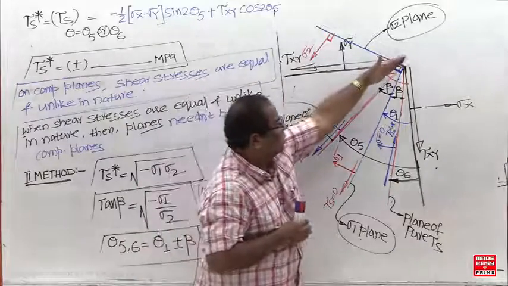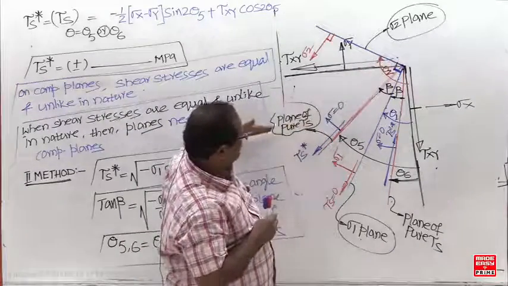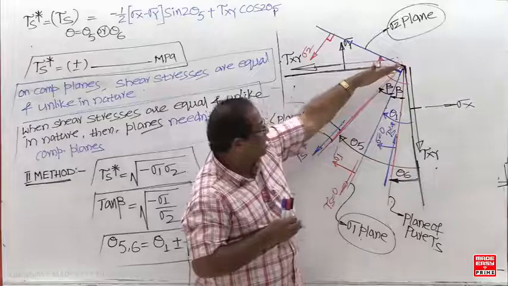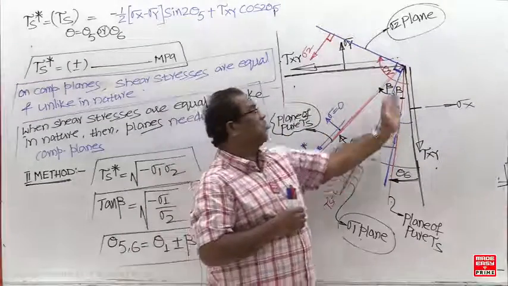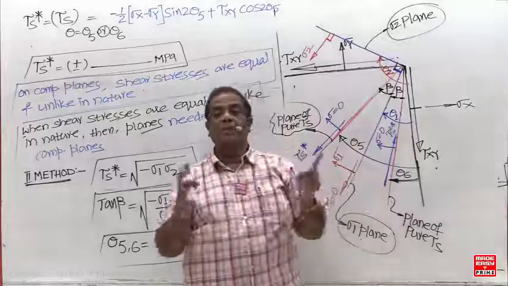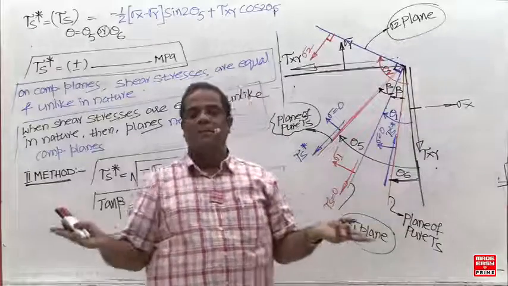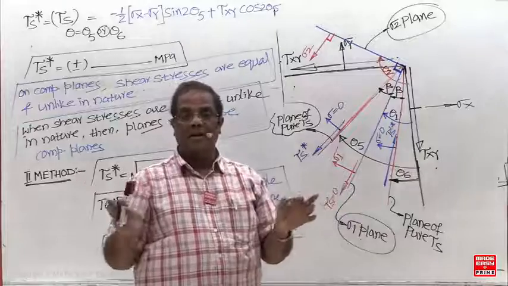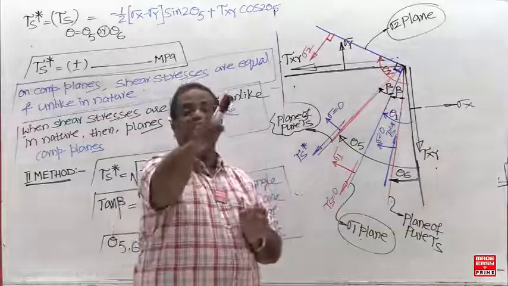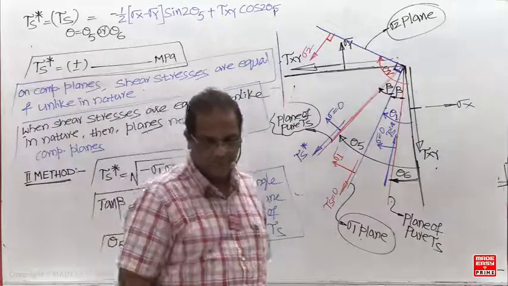Exactly in between these two blue color lines you are going to get a tau max plane. And another tau max plane will be at 90 degrees. Principal planes are complementary, tau max planes are complementary. But the planes of pure shear are not complementary, except when sigma x plus sigma y is 0.